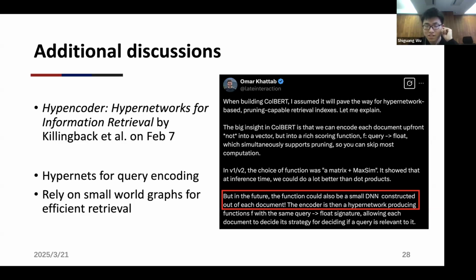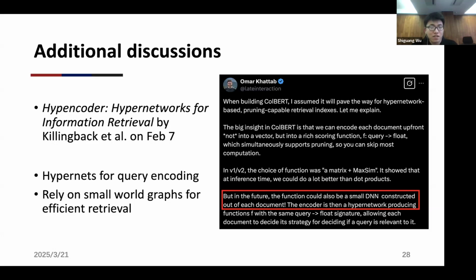He thinks that for each document, we can construct a small DNN. For ColBERT, we use the matrix form of the document and the matrix form of the query to develop a learned similarity function, which is the MaxSim function. So he thinks that the hypernetwork is a promising way to develop a very strong model.